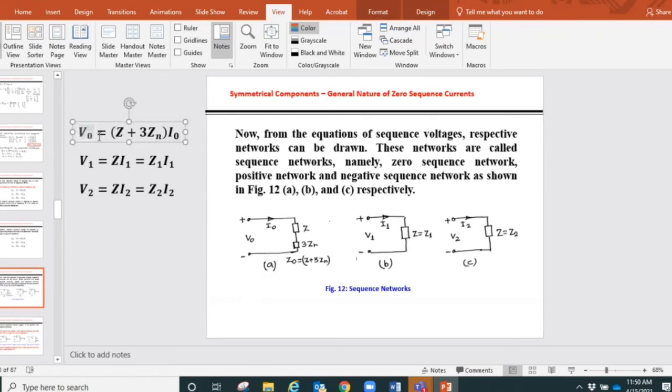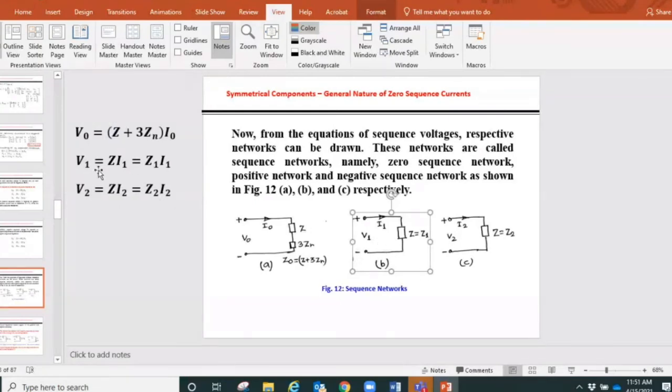From the equation, V0 is the voltage, there is current I0 flowing, so we show I0 flowing. And what are the impedances? Z and 3Zn are added here. The plus sign means the impedances are in series. We write Z0 equal to Z + 3Zn. So that's the zero sequence network.